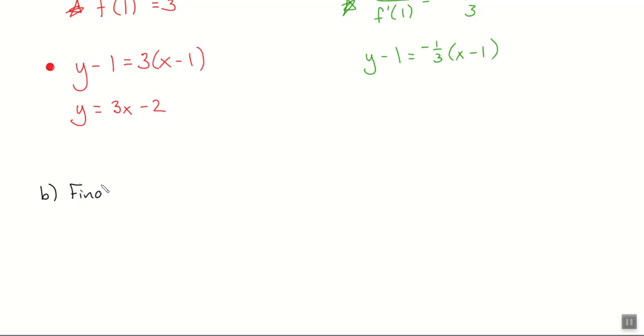Find f prime of, let's say 2, if my function f of x is equal to x squared. I just need to know the derivative f prime at 2, the slope of the line. Don't care about the actual equation right now. There's a limit involved. I will give you a moment. I would use that x minus c idea.